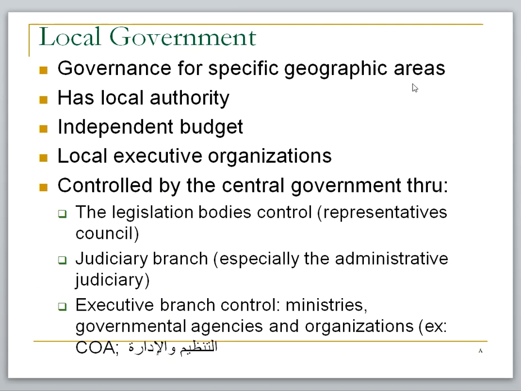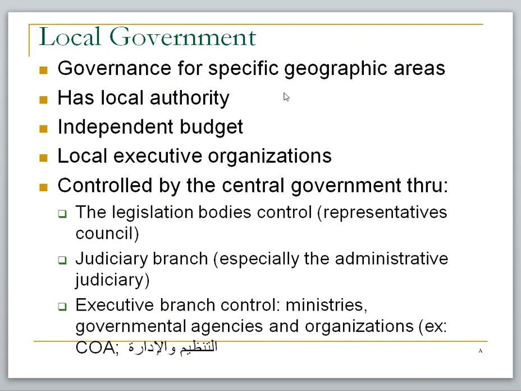So it is about managing المحافظات, governorates, cities, villages, centers, districts, and so on, according to our state, according to Egypt.